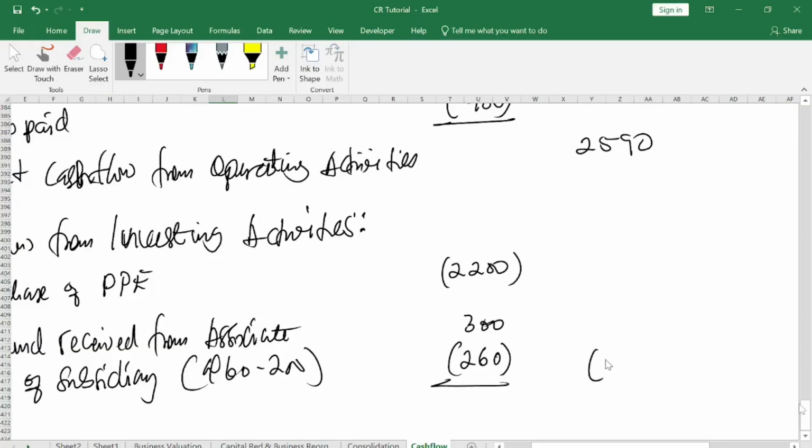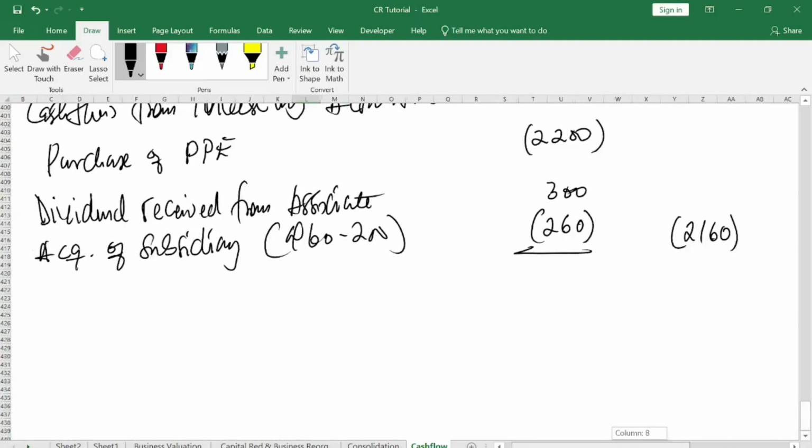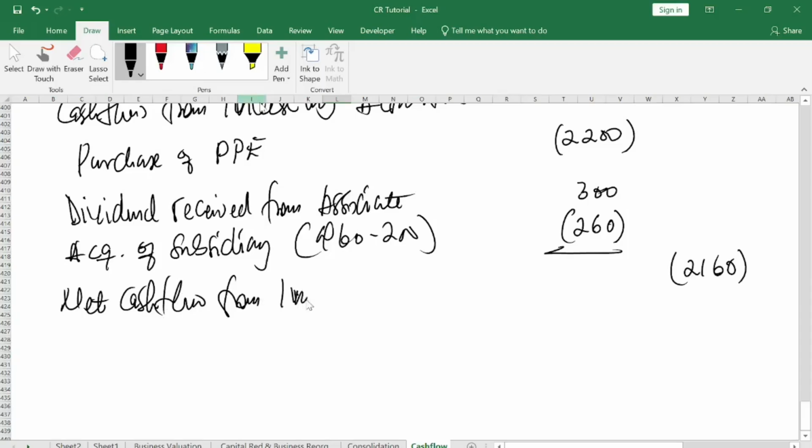So that gives you 2160 negative. So we are done with investing activities. Let me caption it: net cash flow from investing. All right.